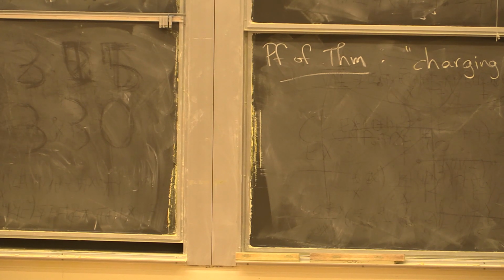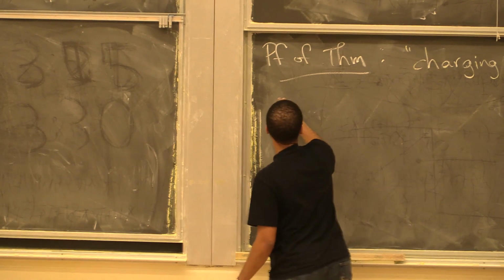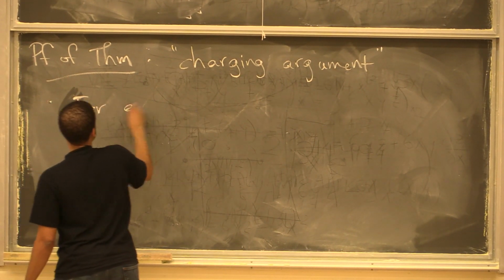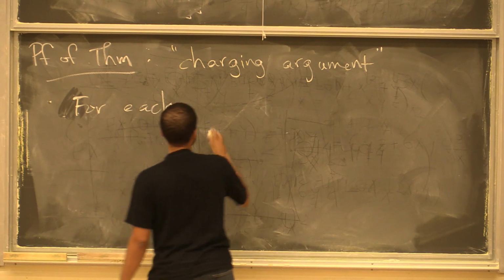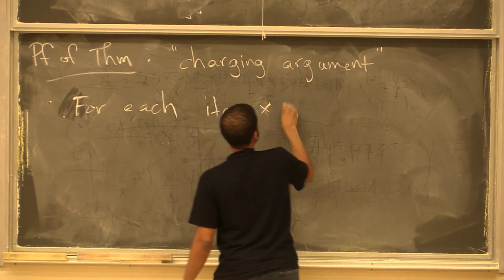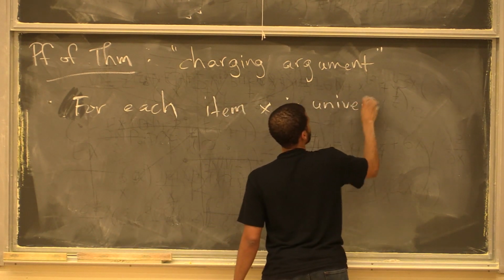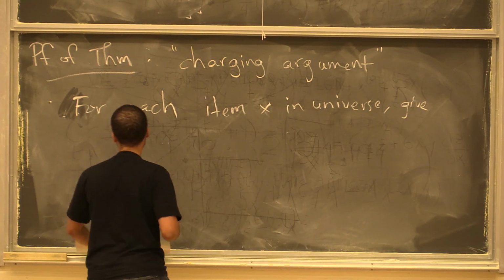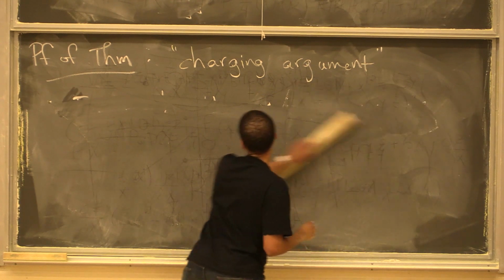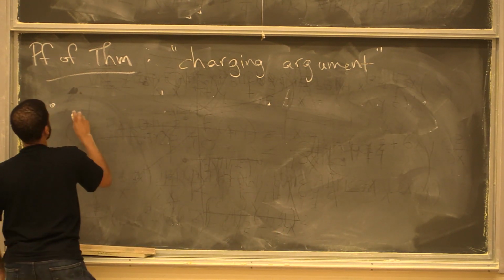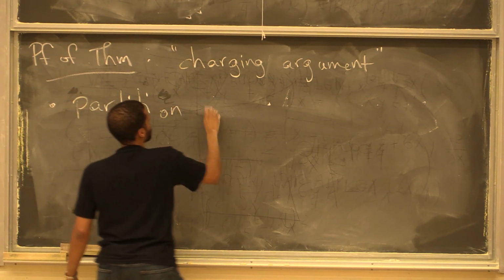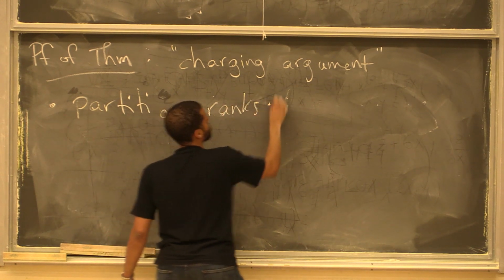Okay. So I'm going to allocate, for each item x in the universe, give it, okay, but first of all, before I do that, I'm going to partition ranks into groups.